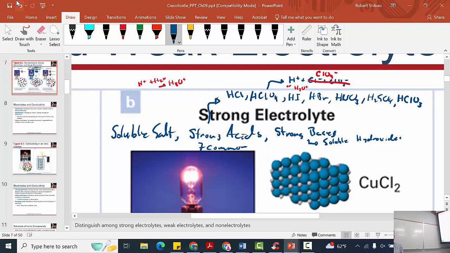Yeah, except for group 1. So the soluble hydroxides would be group 1, ammonium, and calcium, strontium, and barium.